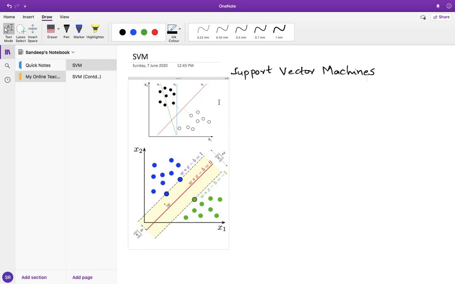In three dimensions, a plane would be separating the classes, and in higher dimensions, a hyperplane would be separating the classes. In this video we will be taking the two-dimensional case, and that can be easily extrapolated to higher dimensions too. Let us start with some mathematical equations associated with support vector machines.